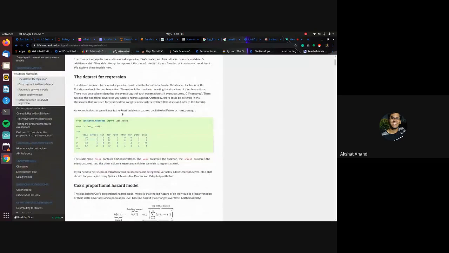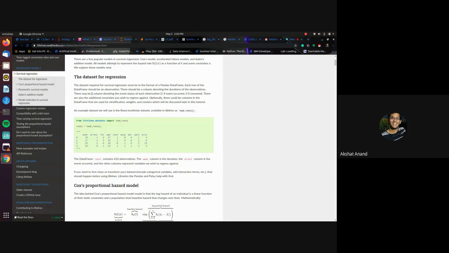Now, the data set for regression: how will we know that we can use regression for a particular data set? Here is the information a data set requires for survival regression. It must be in the format of a pandas data frame. Each row of the data frame should be an observation. There should be a column denoting the duration of the observation.